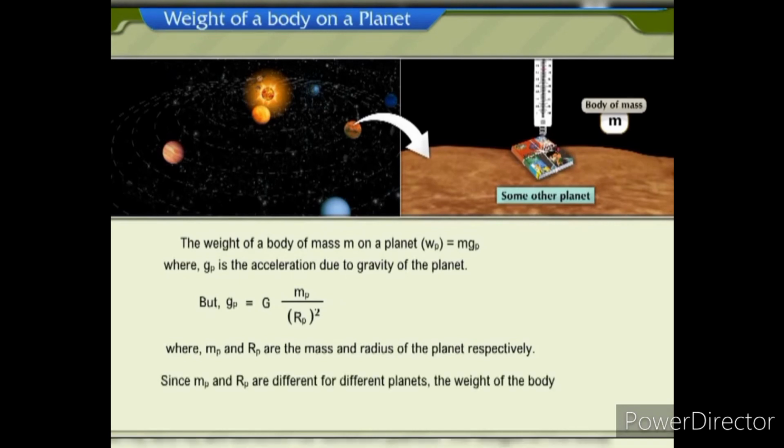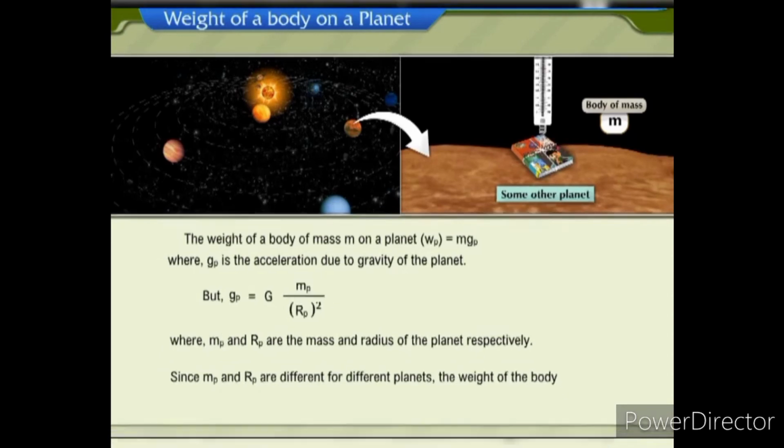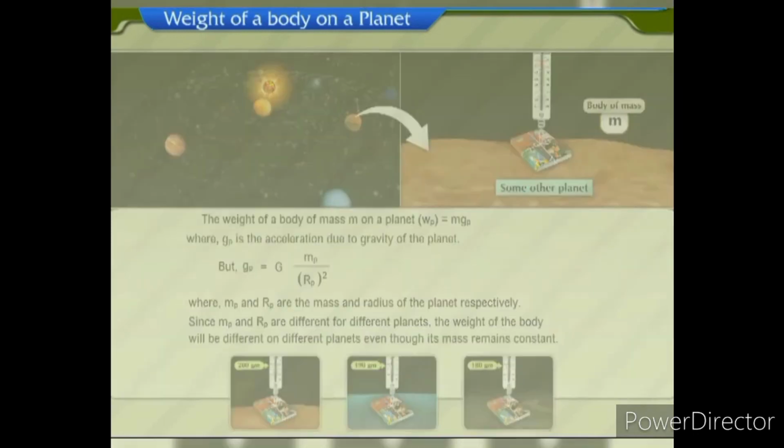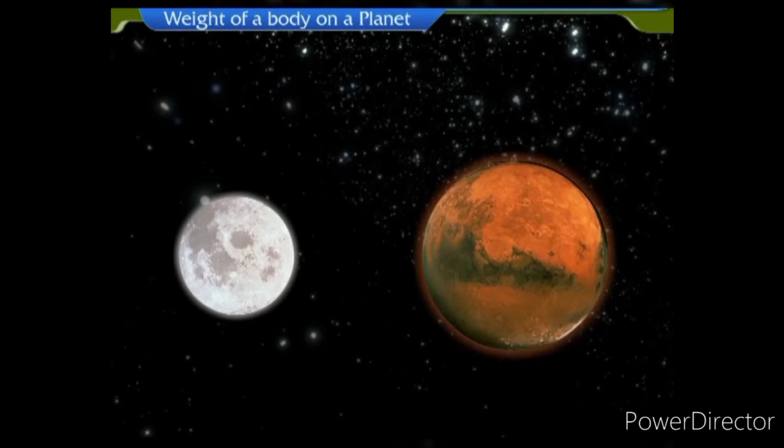Since Mp and Rp are different for different planets, the weight of the body will be different on different planets, even though its mass remains constant. Let us solve examples to find values of g on the surfaces of the Moon and Mars.